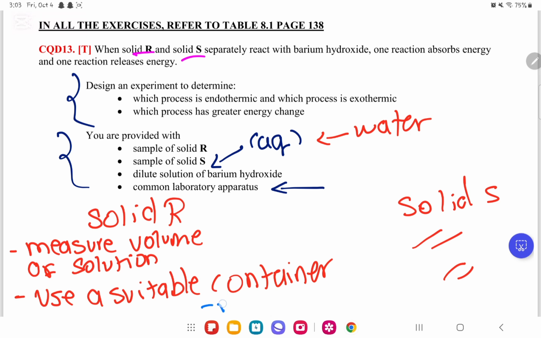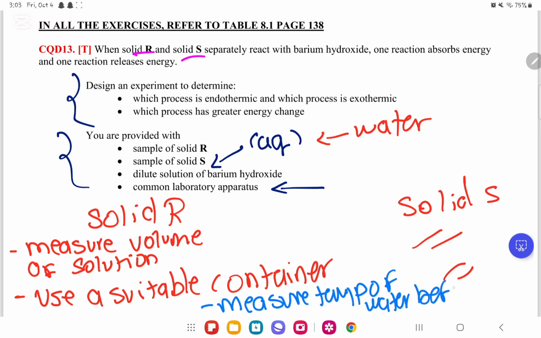Third step, I'll put it here. Okay? We're gonna measure temperature of water before reaction happens. So we're gonna have the initial temperature of water. After that, what are we gonna do? So I'm gonna label this 1, 2, 3, 4. After that, what will we do?